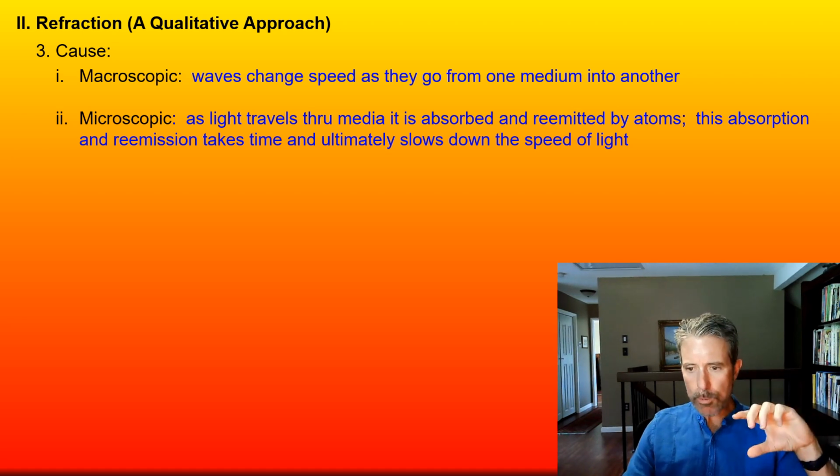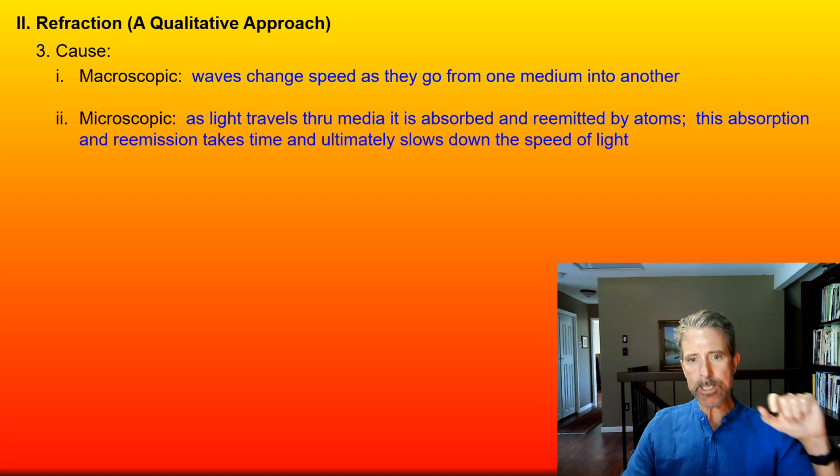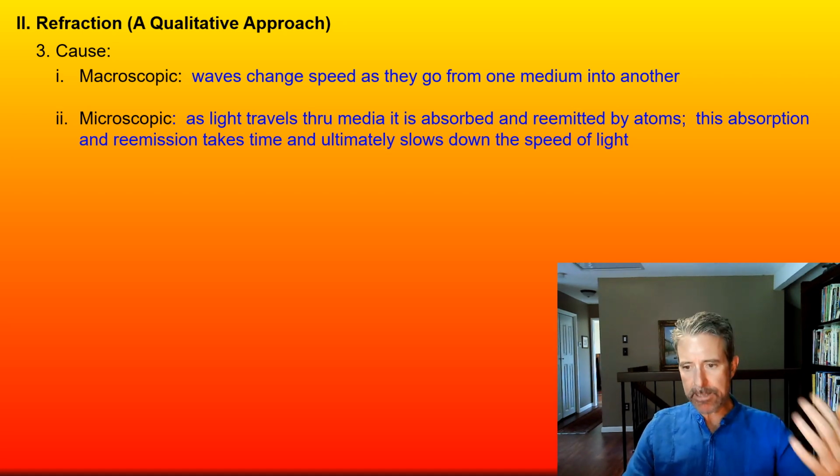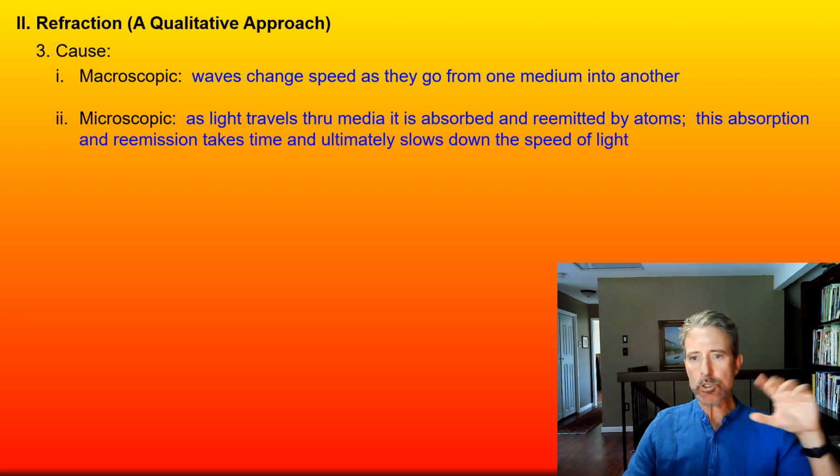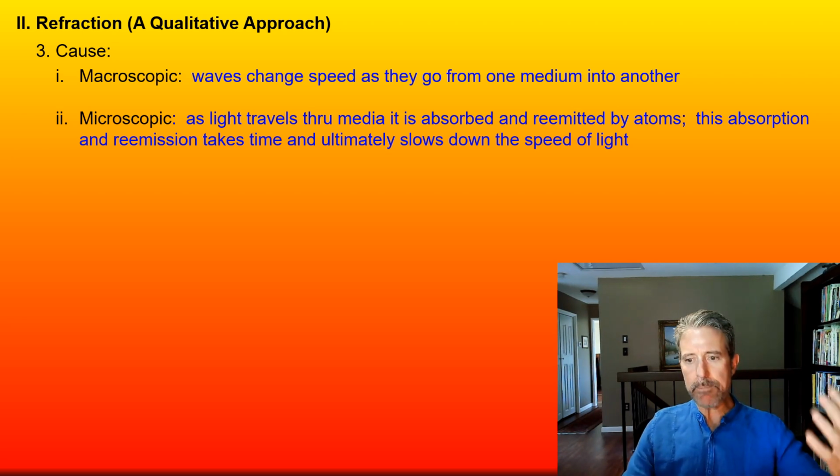And this absorption and subsequent re-emission process takes time and ultimately slows down the speed of light. So the greater the delay between absorption and re-emission of that energy, the slower the light wave is going to travel in that particular medium.